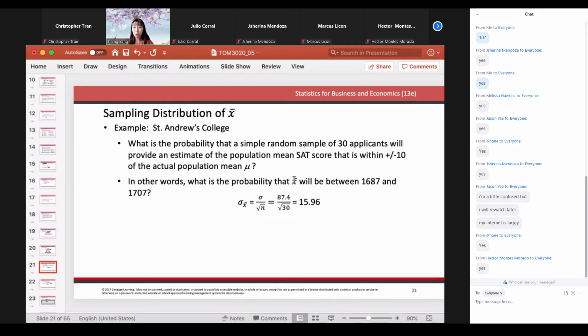So with so many different samples and different sample means, what is the probability that your sample mean will be close enough?